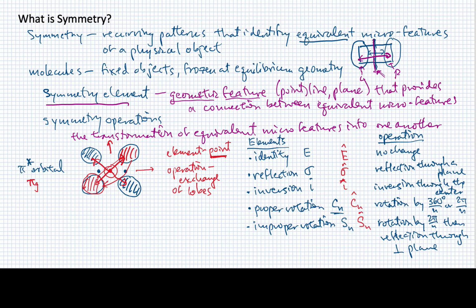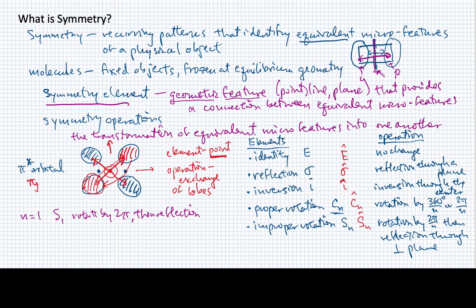Now there's one other thing that I'd like to point out about this improper rotation. Imagine that we had an improper rotation with n equal to 1. So let's say n equals 1, so I have the improper rotation S1. Well, what would that be? I'm rotating by 360 degrees, so it's a rotation by 2 pi, which just takes you back to where you started, and then reflection.